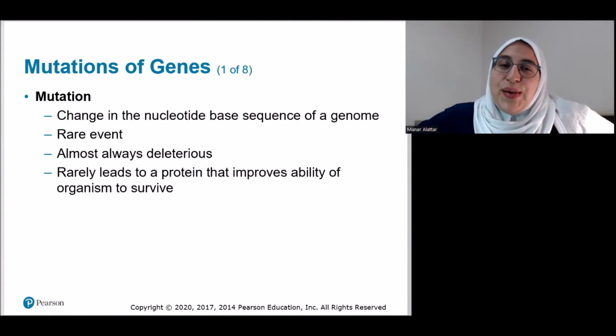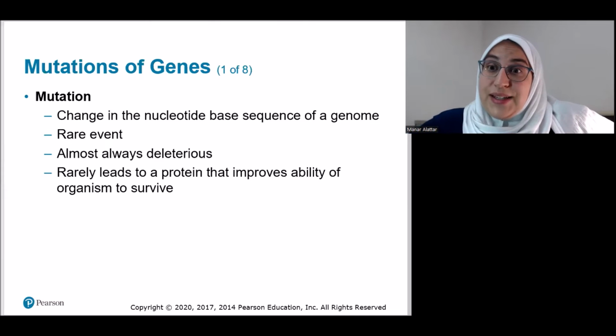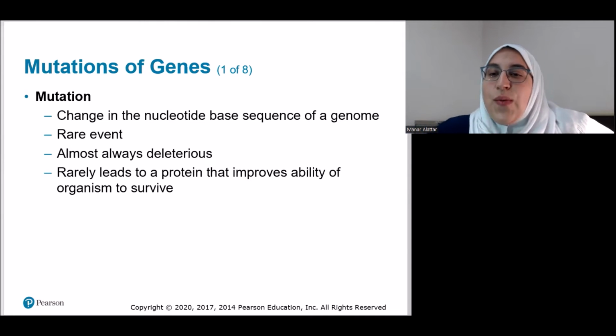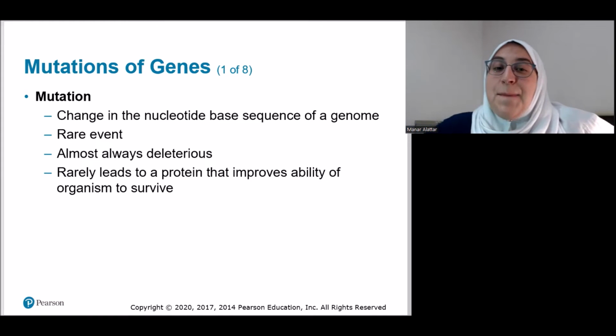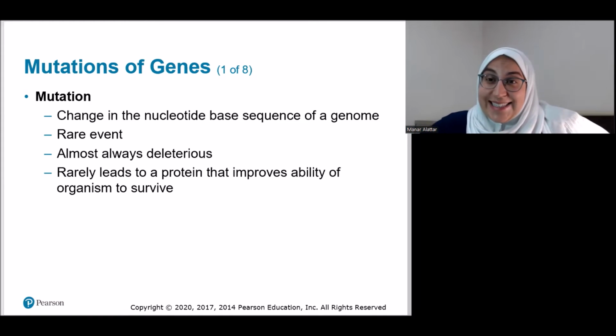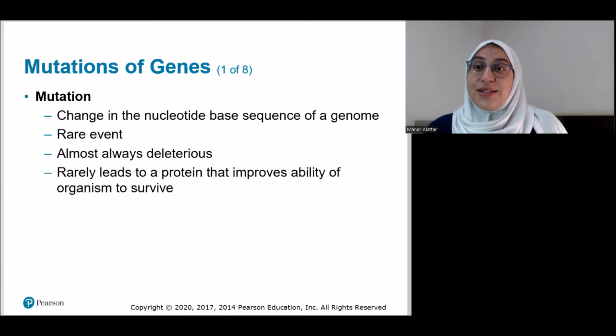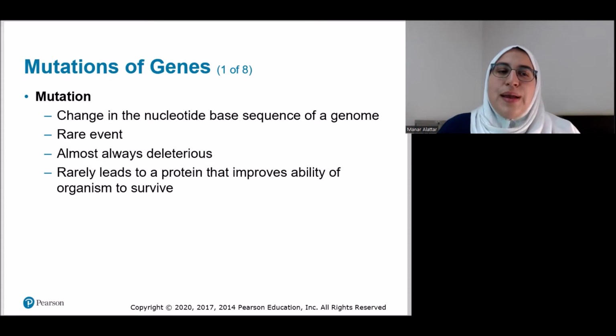When we're talking about replication of the DNA, there's usually only about one mistake in every 10 million genes that are replicated. So our cellular structures are very, very efficient in replicating our DNA. But it is possible that a mistake is made.